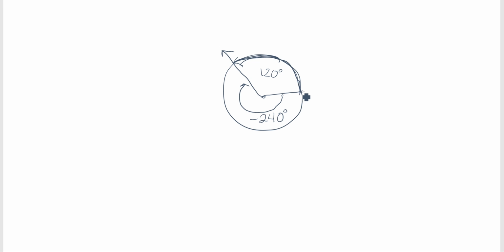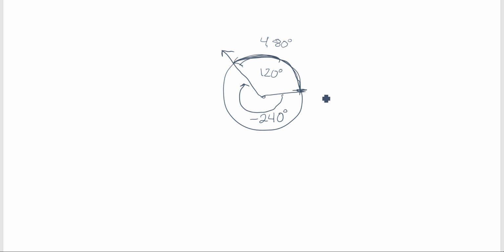But is there anything that says that I didn't start here on the x-axis, go all the way around, which would be 360, and then adding another 120 would make that angle 480 degrees.